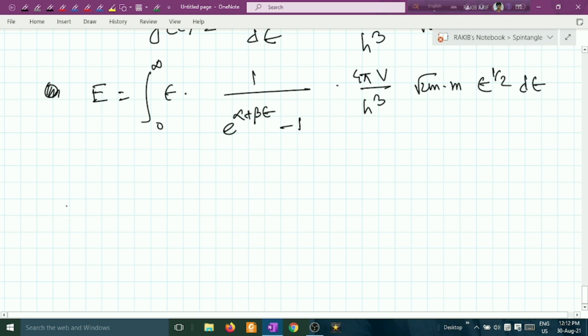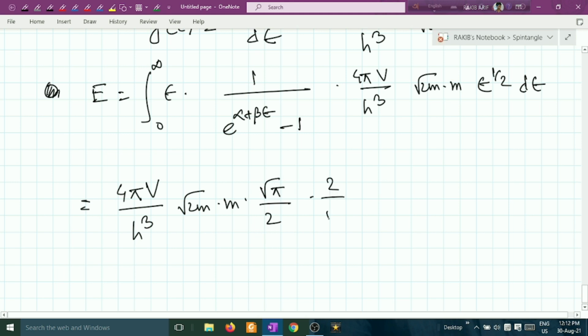This is a huge mistake which I used to make when calculating this. Now take out this 4 pi v upon h cube root over 2m because these are constants, and here it is an extra root pi by 2 and 2 by root pi term. This is the extra term to make it simpler.